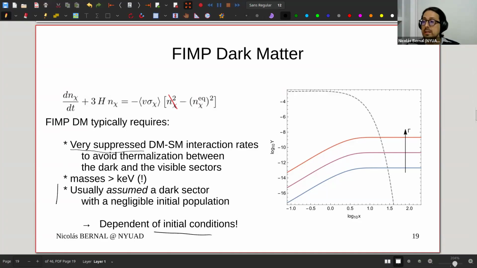Typically, people assume a dark sector which had a negligible initial population. You have to be super careful because during reheating, for instance, you can produce dark matter. Even during inflation you always have this gravitational particle production. So here for FIMPs, you have to be careful because it does depend on the initial condition.